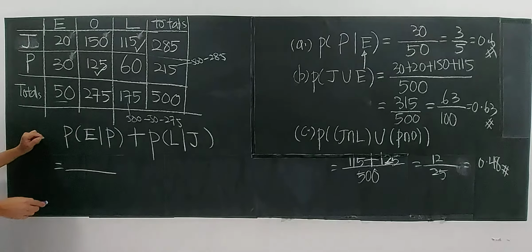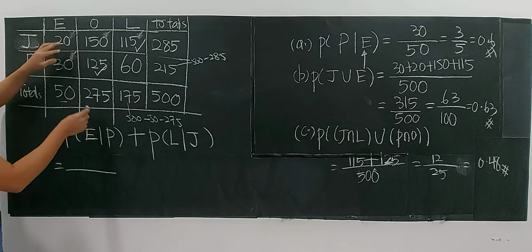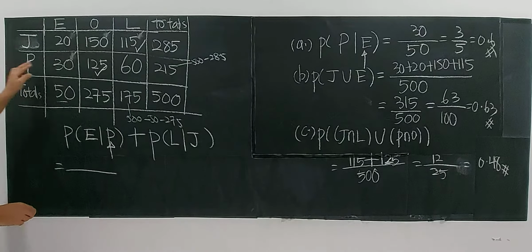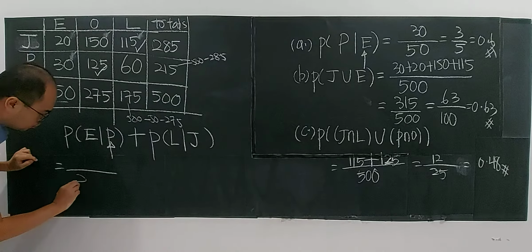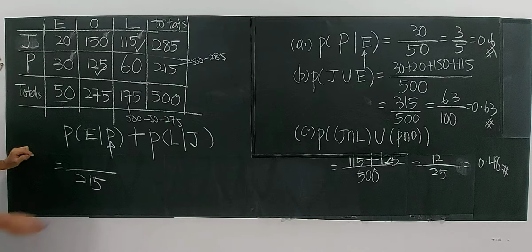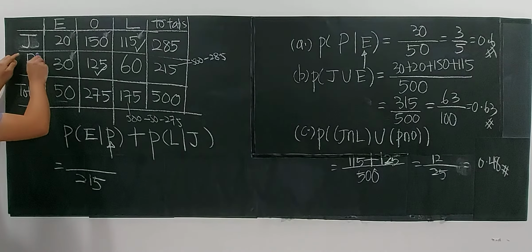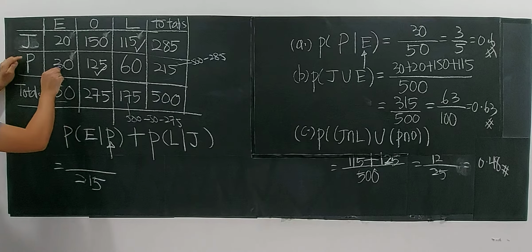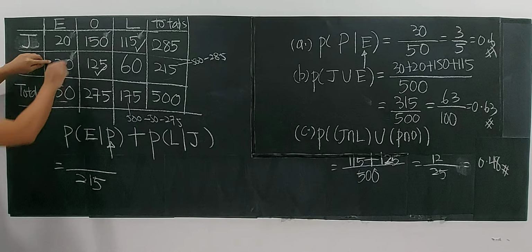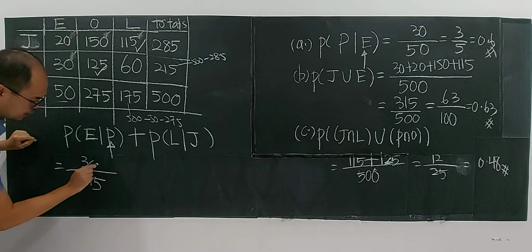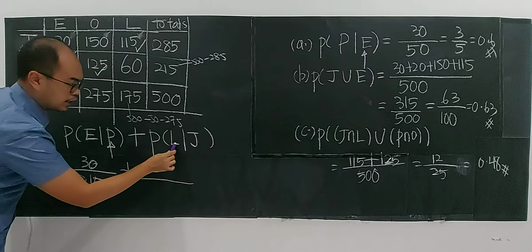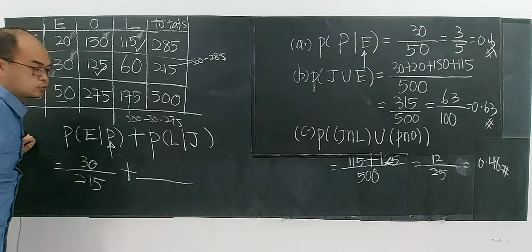From Pulau Penang, you look at the total here, because it is given. Given from Pulau Penang will be 215. And arrive early from Pulau Penang, from the 215, is 30, right? It's 30, plus late given from Johor Bahru.